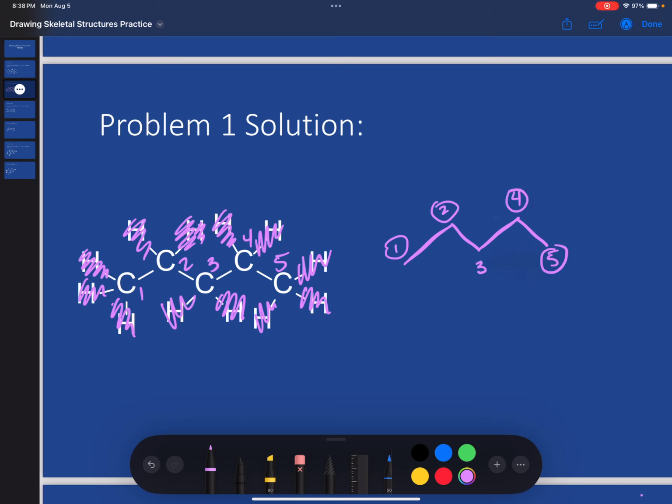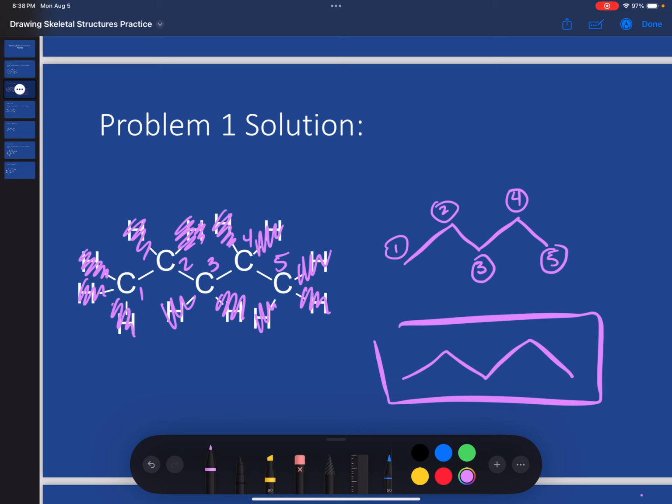All right. So if we look at this without the numbers, I have a compound that looks like this. This would be my skeletal structure for the first problem. And so, again, we know that any ending point right here and any mountaintop or valley is a carbon.